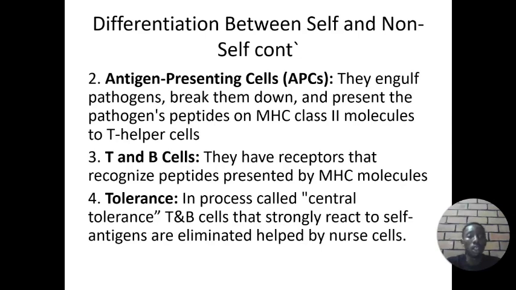And the next thing is that T and B cells respond by recognizing the peptide presented by MHC, the molecule on the surface of cells. This is self and that is non-self.